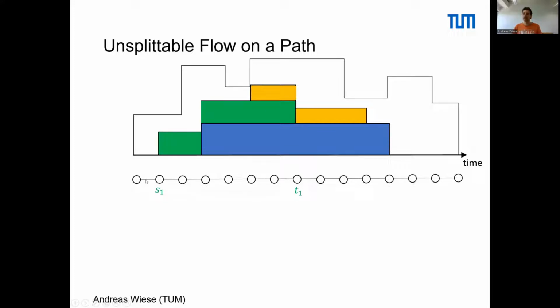So for example, this first edge here would have this amount of capacity, or this edge here would have this amount of capacity. For the green task, this would be the start vertex, this would be the end vertex. Similarly for the blue task, this would be the start vertex, this would be the end vertex, and similarly for the yellow task.